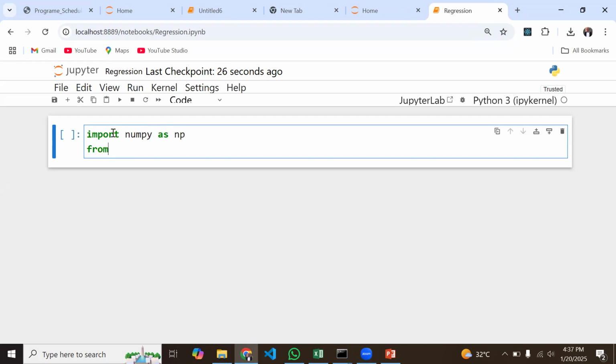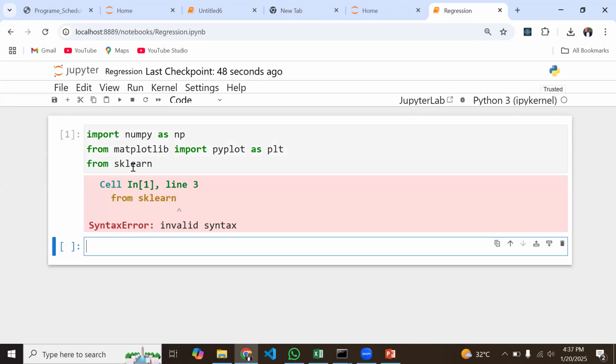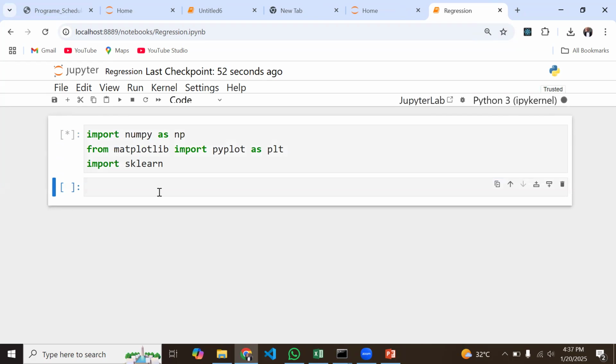And then, from matplotlib, we are going to import pyplot as plt because we are going to do some plotting at the end of the day. Then for now, let's import sklearn.